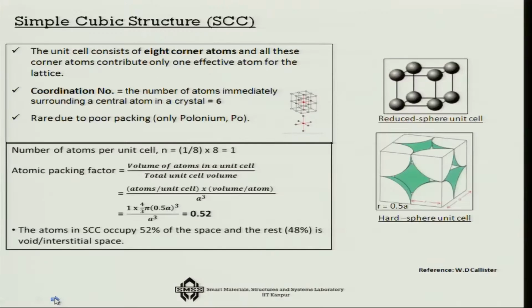Now, let us look at some of the crystal structures. Out of these 7 crystal structures, we will take only 3 or 4 of our interest, which we generally find more in the materials that we use.